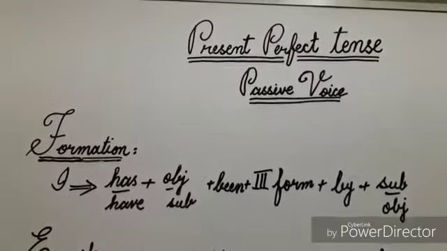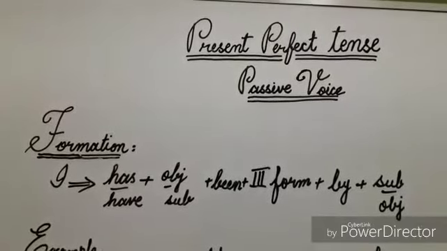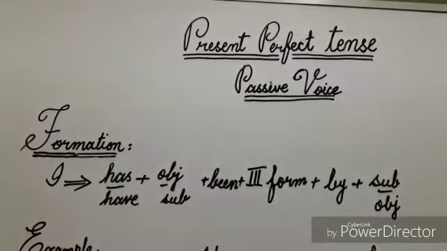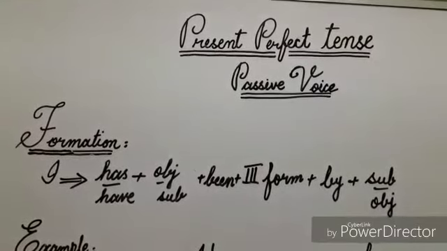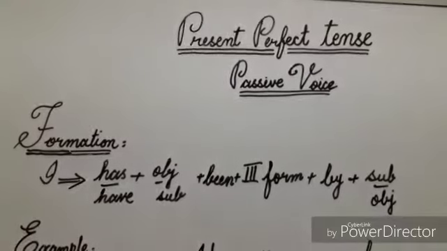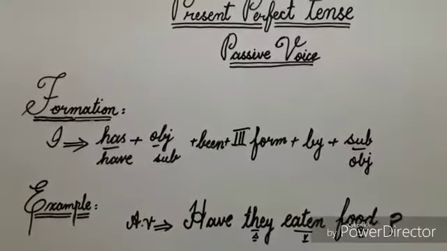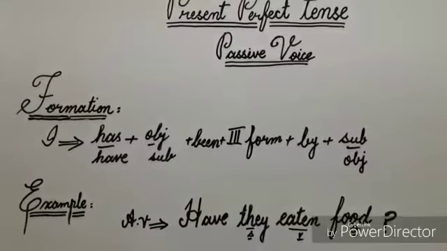Formation for interrogative sentences is has or have, object in subjective condition, been, third form of verb, preposition by, and subject in objective condition. Now I'll explain this formation by example. Have they eaten food?